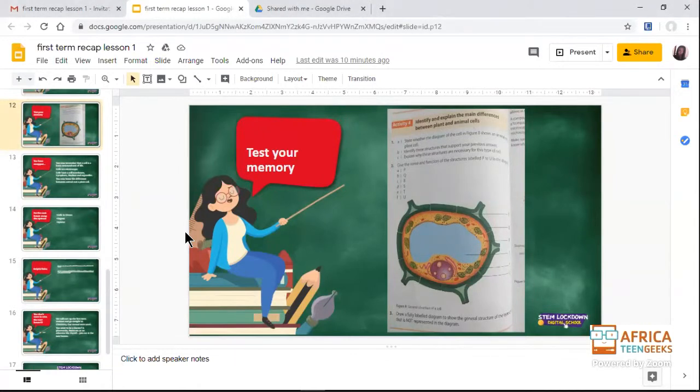All right, so state whether the diagram of the cell in figure 8, so this diagram here, shows an animal or a plant cell. That is number 1A. Okay? And number 1B, identify three structures that support your previous answer. Number 1C, explain why these structures are necessary for this type of cell. All right, thank you, Yoliso. Please send it.